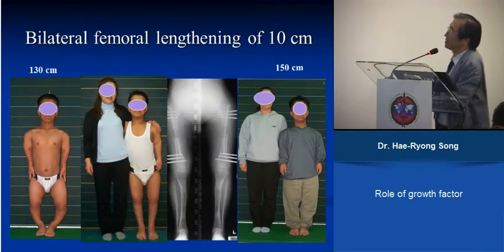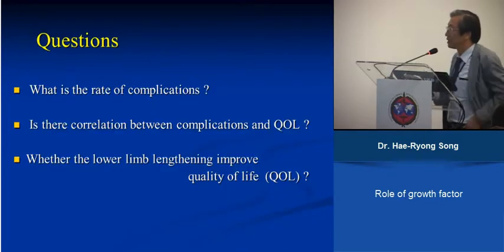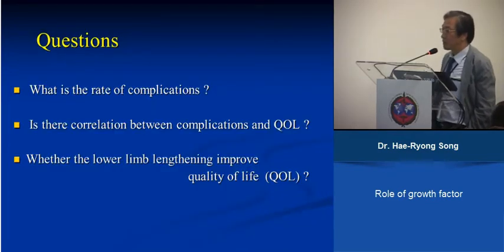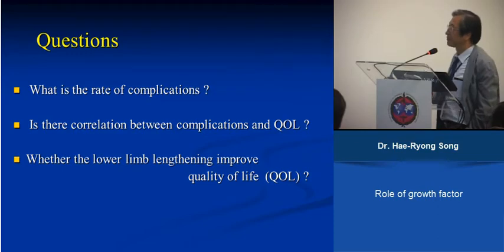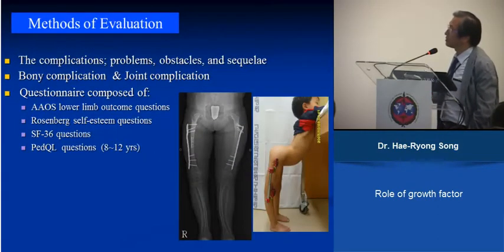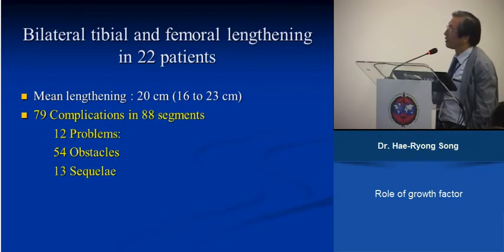And my question is, what is the rate of complications? Is there any correlation between complications and quality of life? We classified complications as problem, obstacle, sequelae, and bony complications and joint complications, with several questionnaires. We had many complications, 79 complications.